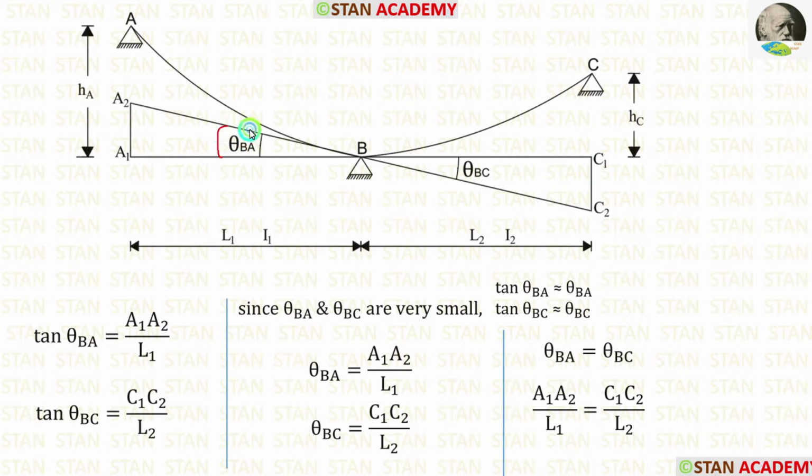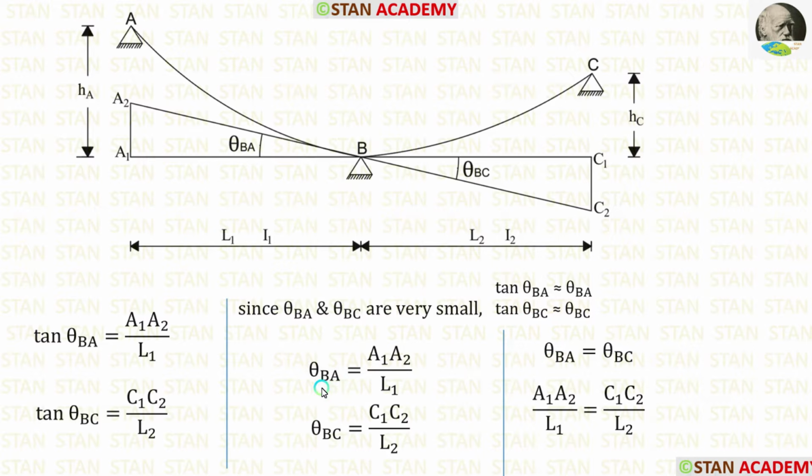The angles theta BA and theta BC are very small. So tan theta BA will be approximately equal to theta BA, and tan theta BC will be approximately equal to theta BC.